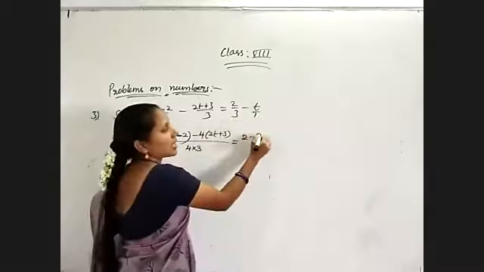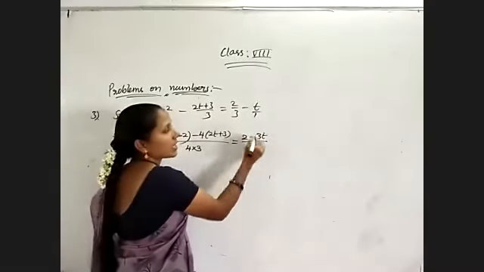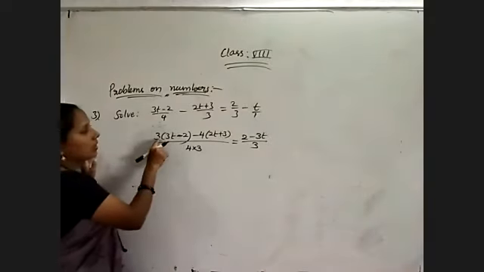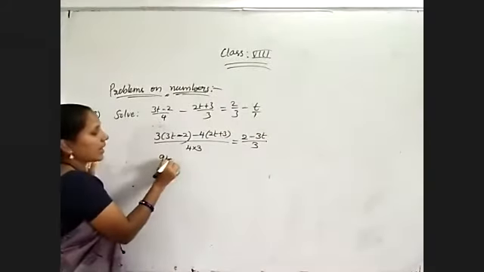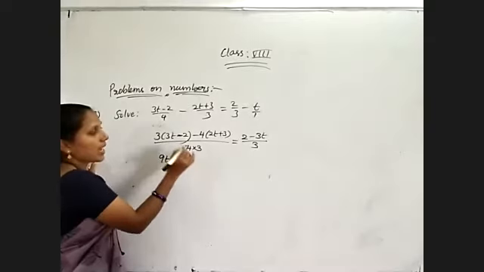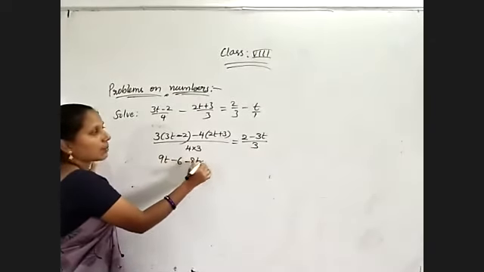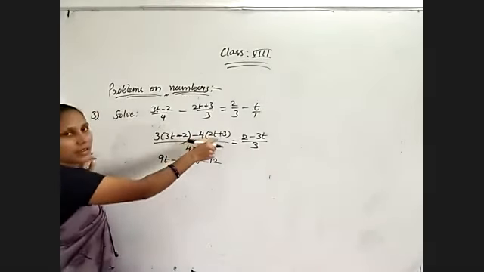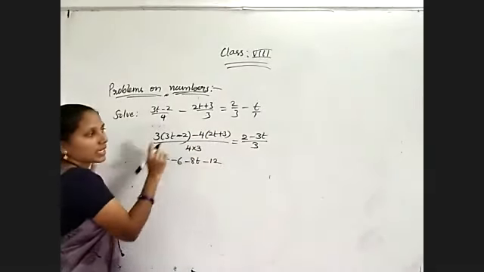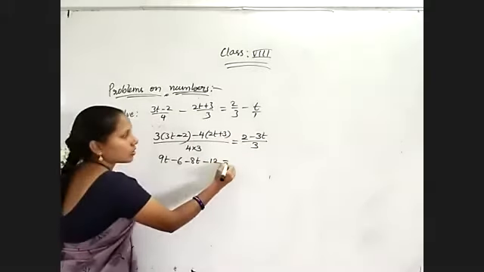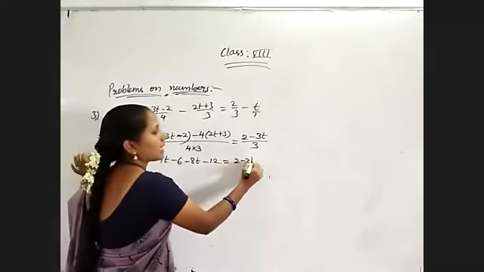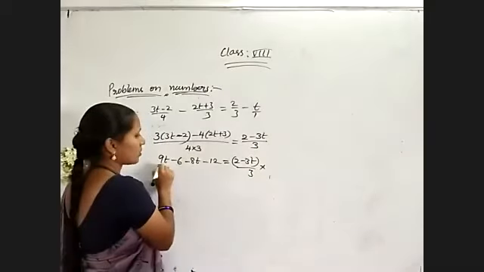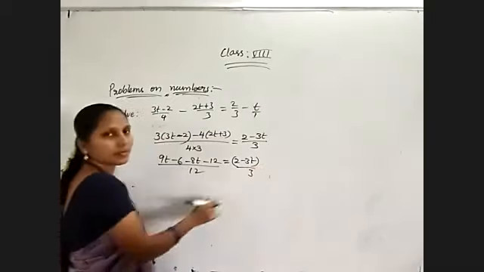So 3 into t is 3t by 3 ones are 3. Now 3 3s are 9t minus 3 2s are 6, minus 4 2s are 8t minus 4 3s are 12, because the minus is preceding, so we need to multiply with minus also. Minus into plus is minus. Which is equal to (2 minus 3t) by 3, and 4 3s are 12. So by 12 here I am writing first.